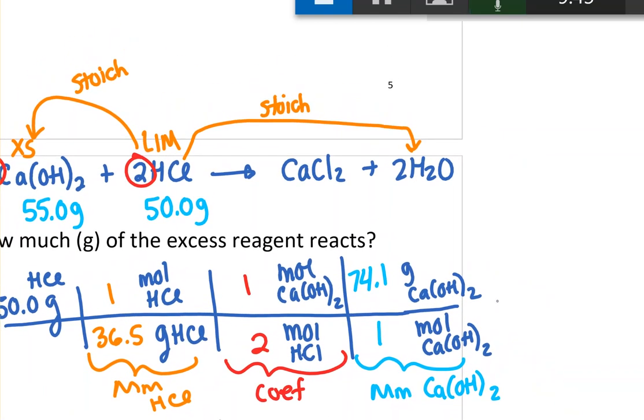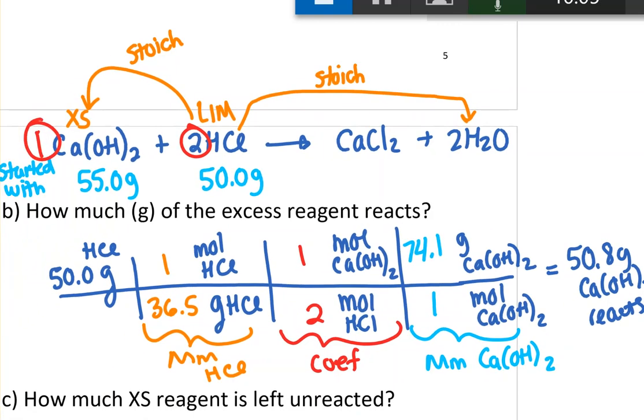And now I have my amount that actually reacts. So I can start with my limiting reagent and do stoichiometry to find out how much my other reactant was needed to react.